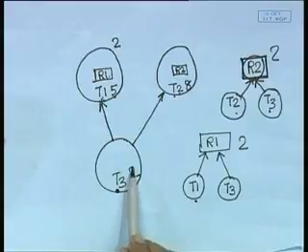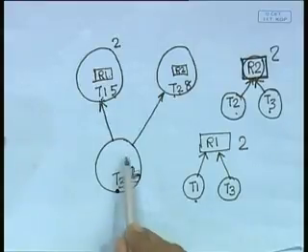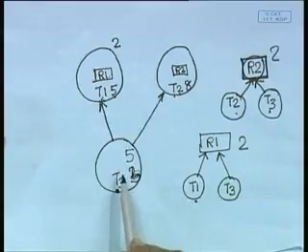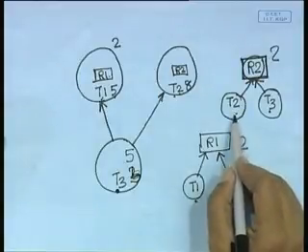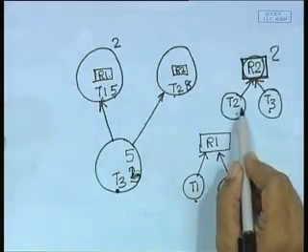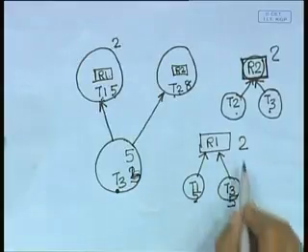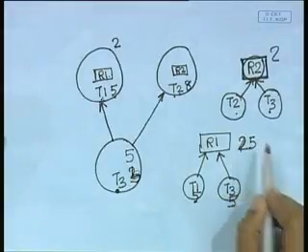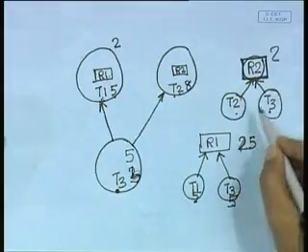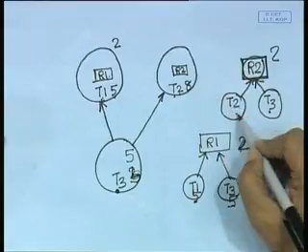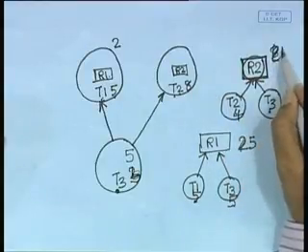So, T1 and T3 are 5, and suppose T2's priority is 4. So, its priority will be 4.